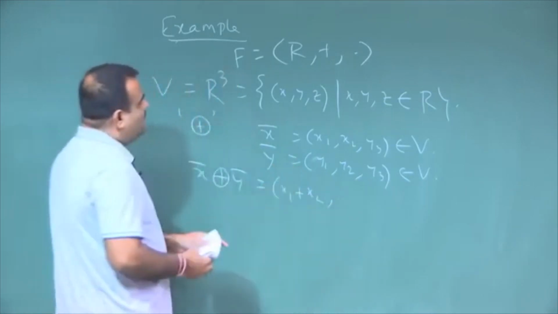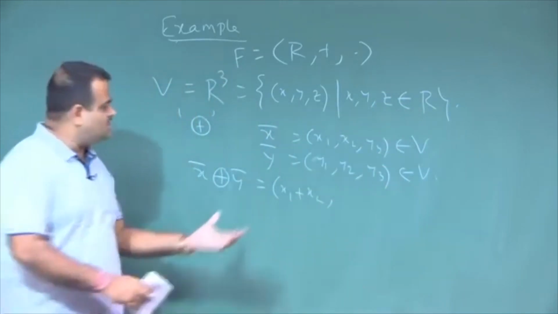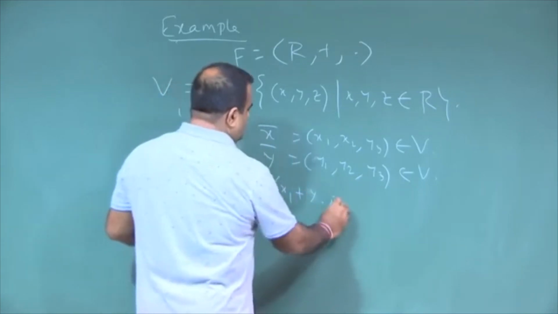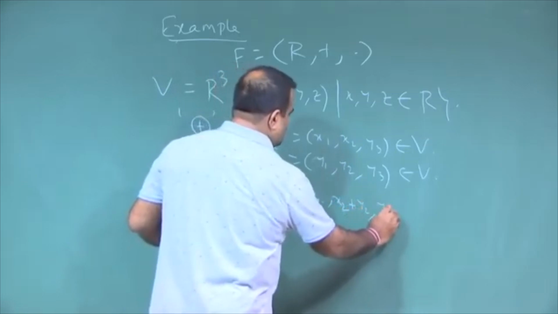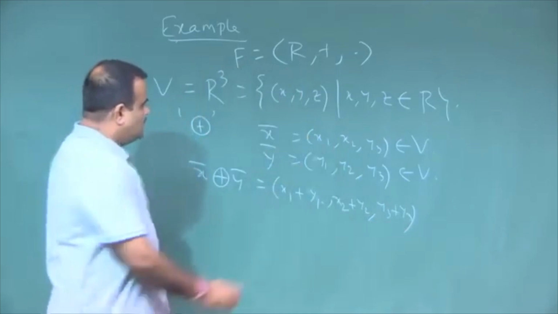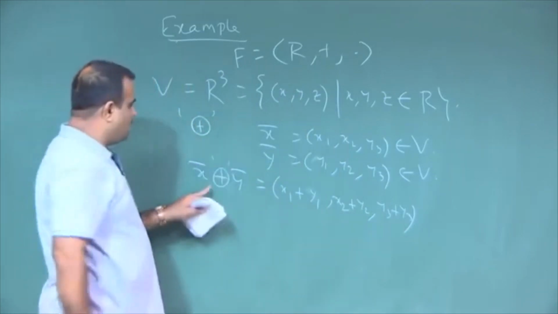This can be defined for any field. Instead of R, we can have any general field, but for simplicity we are taking R. So, this is just the coordinate-wise sum. This is how we define this operation.